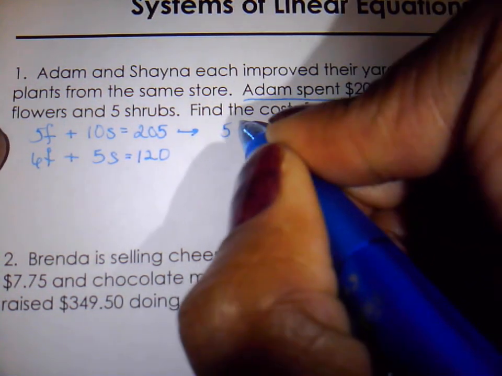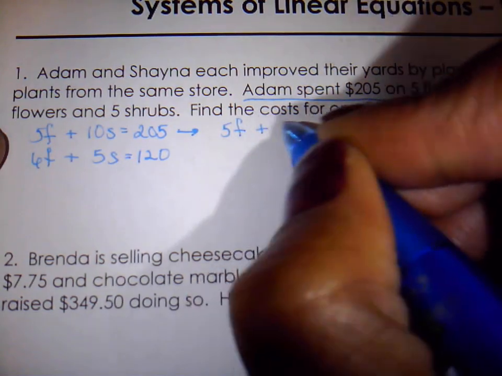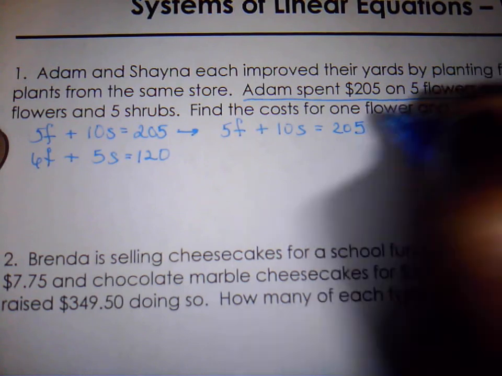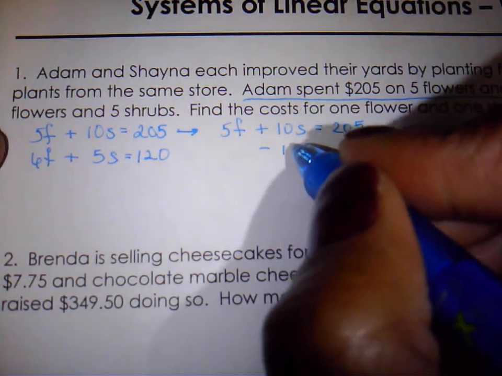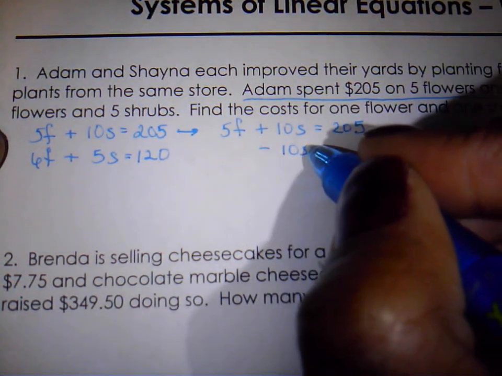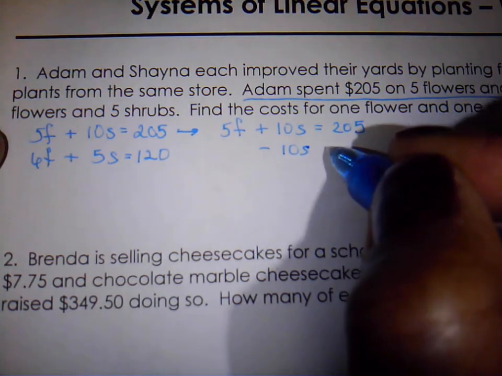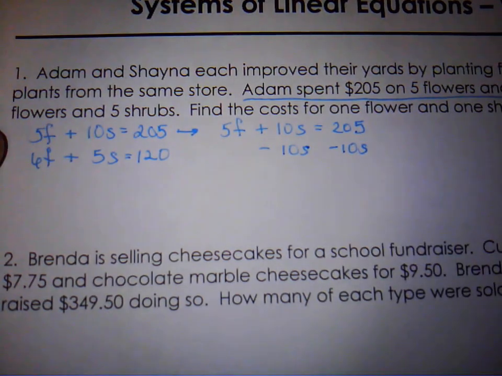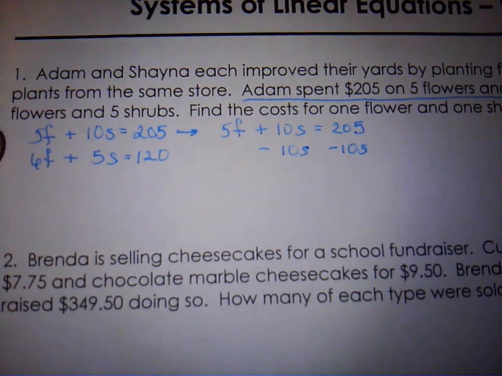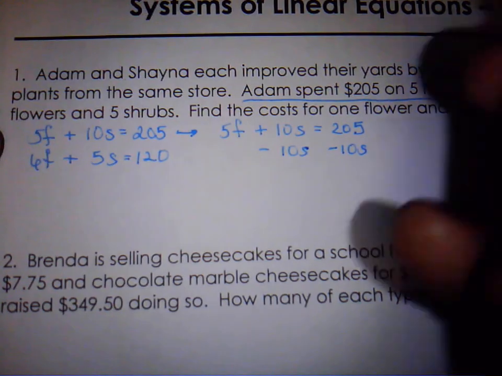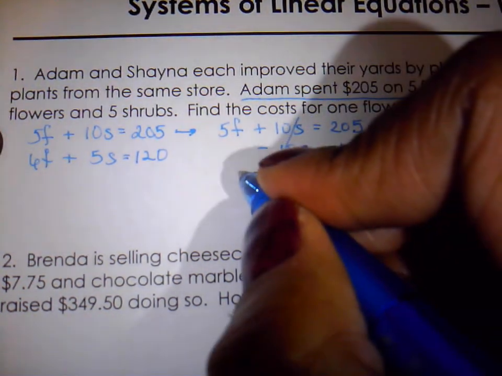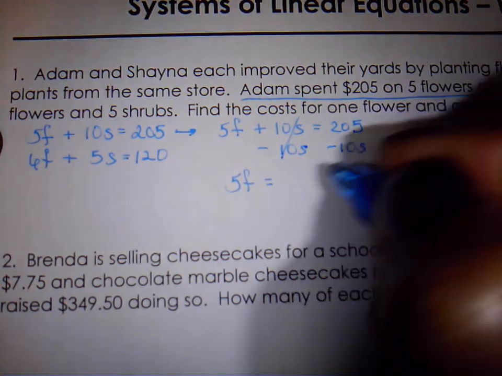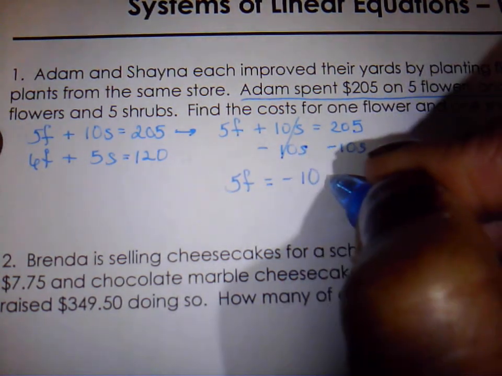So I'm just going to rewrite it. All right, so I'm going to subtract 10S from both sides. Trying to make sure y'all understand that's S. Somebody said my S's look like 5, so I apologize. So now I have 5F is equal to negative 10S plus 205.